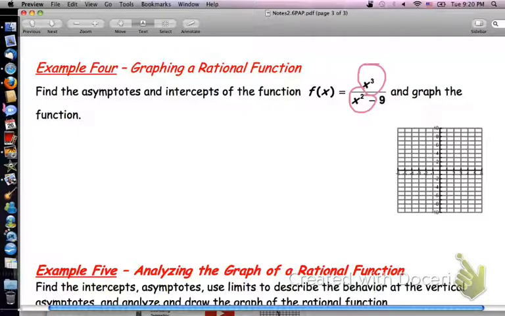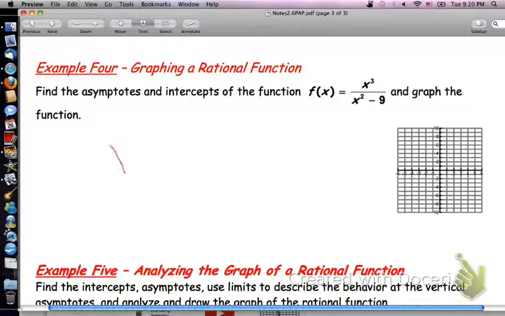So since the degree of the numerator is larger than the denominator, we have to divide, and we know that our end behavior is going to look like the quotient. This is just going back to our boxed table, where n is greater than m.